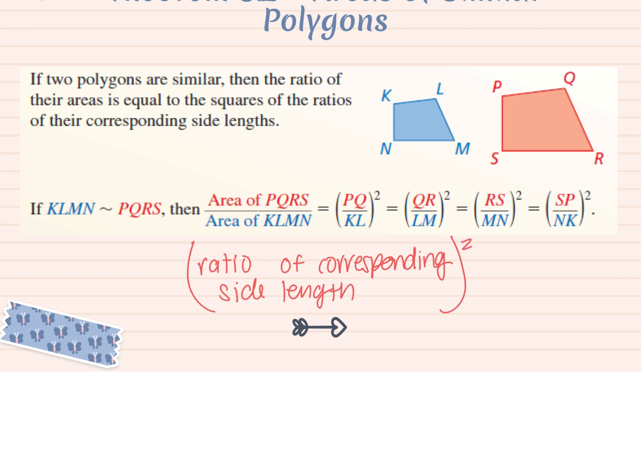What's another name or what's the same measure as your corresponding side length? Perfect. So this is the same thing as your scale factor. Okay, and you're still squaring it.